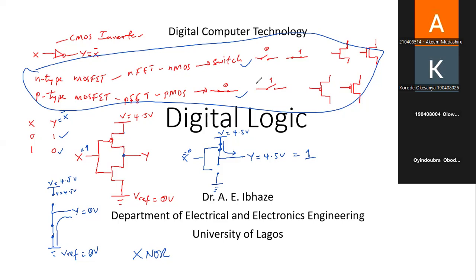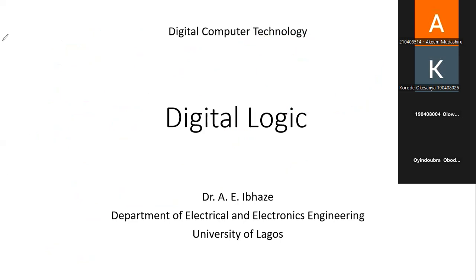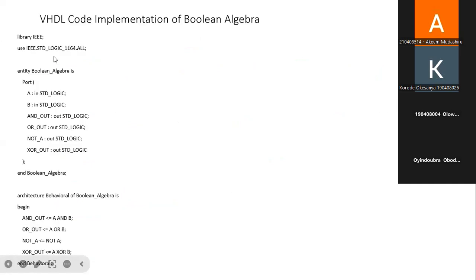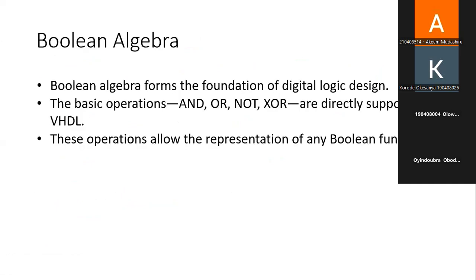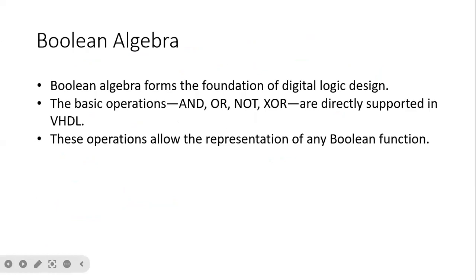Okay. Now, since we have done that, I think we can move into Boolean algebra. I'll just do a little talk on Boolean algebra, and then we move on. So Boolean algebra forms the foundation of digital logic design.